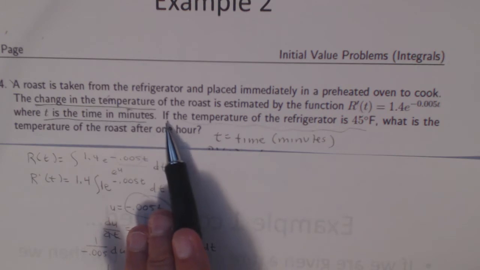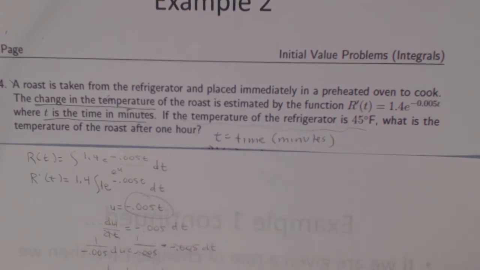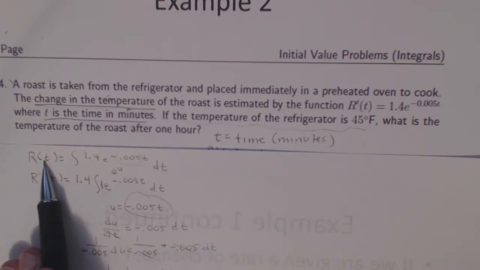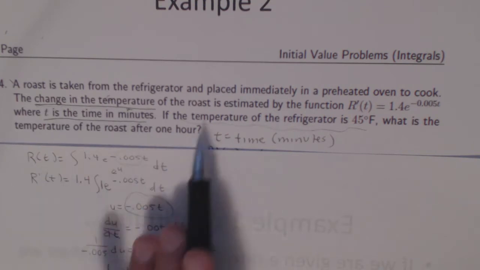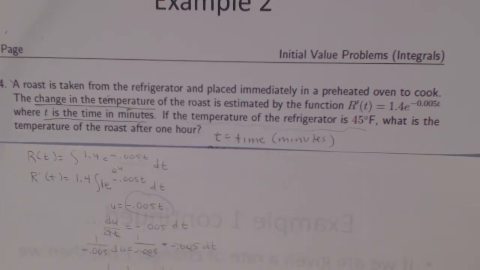Well, this r of t function tells me if I know the time, then I'll know the temperature. And this is saying that at time 0, the temperature is 45 degrees. So I have a point, and my point is 0, 45.